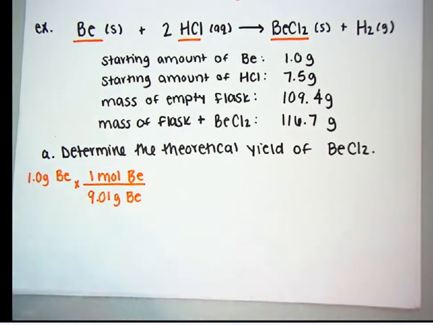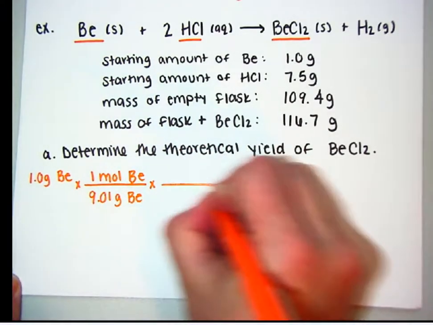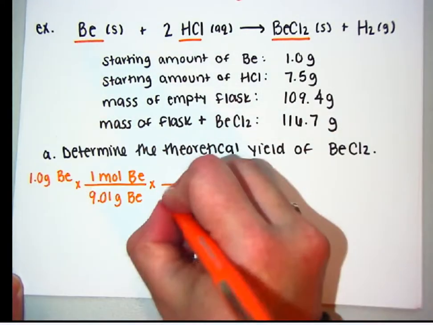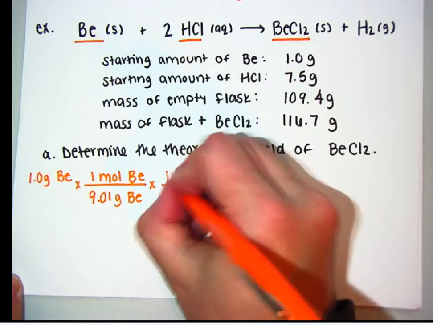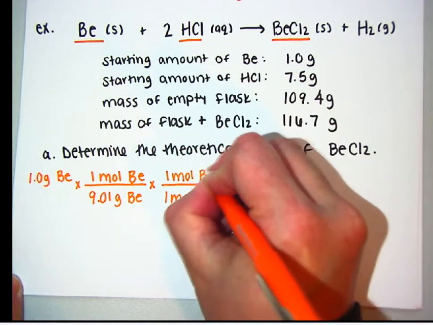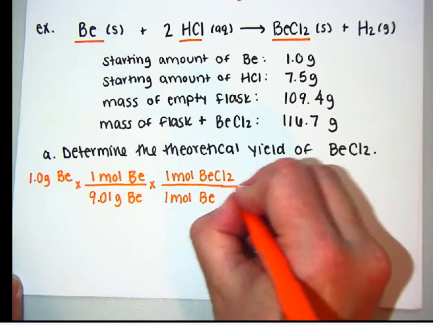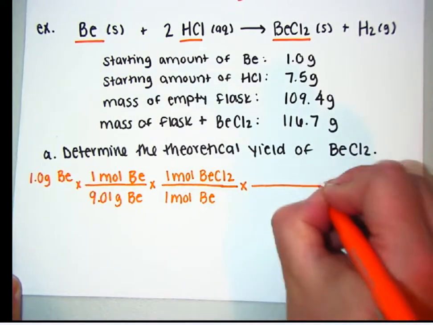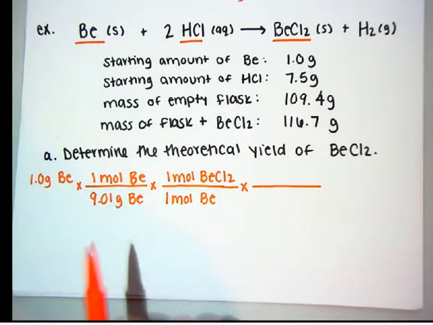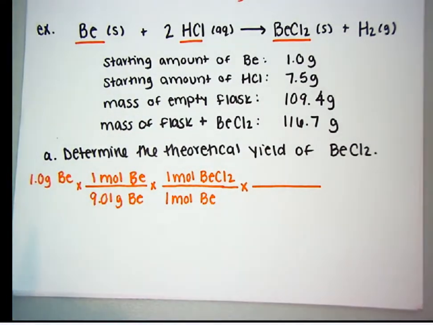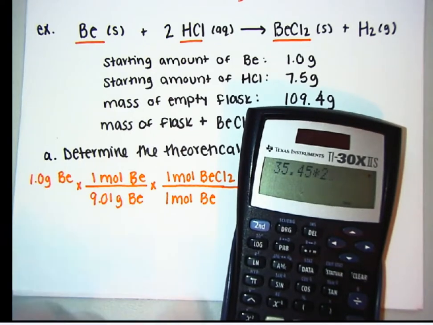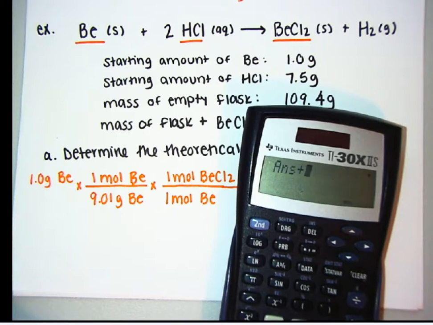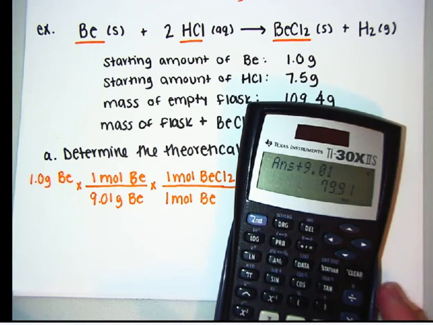Given beryllium, I have 2 different substances, so I need a mole ratio. 1 mole of beryllium can produce 1 mole of beryllium chloride. Lastly, when we're looking for theoretical yield, we're looking for grams. We need a mass. So I can quickly calculate that. Chlorine has a mass of 35.45, and there's 2 of them, plus the mass of beryllium that we looked up, 79.99.